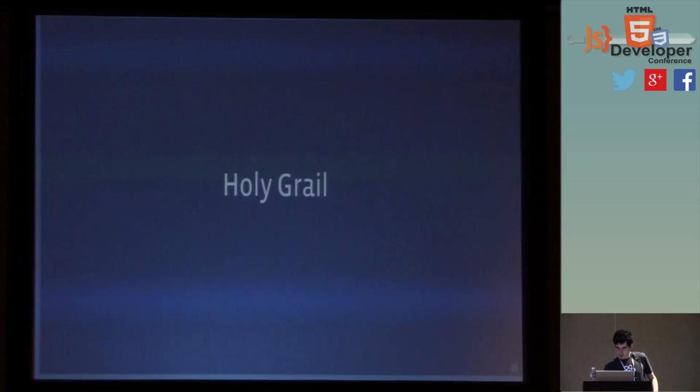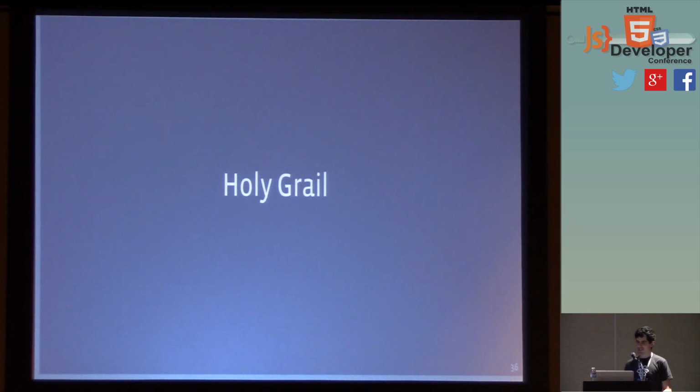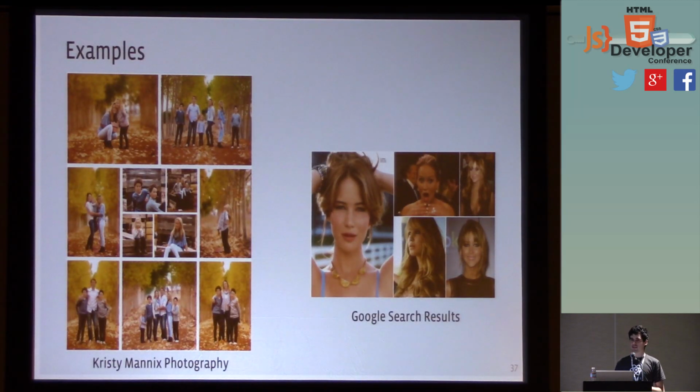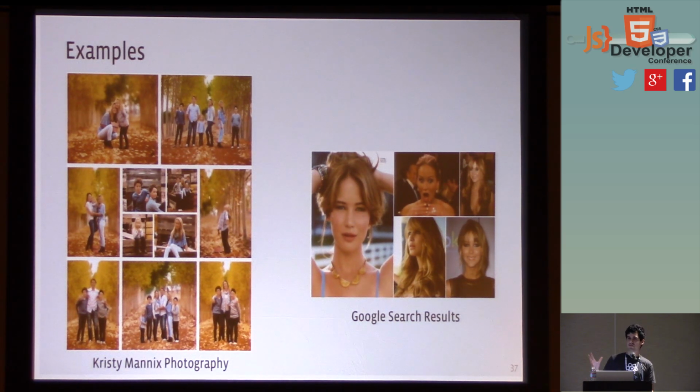And so for the end, I left what I call the Holy Grail of image layouts. Those are image layouts that maintain the proper aspect ratio of the images, but at the same time they're not in a linear way, either vertical or horizontal. And you can compose them however you want.